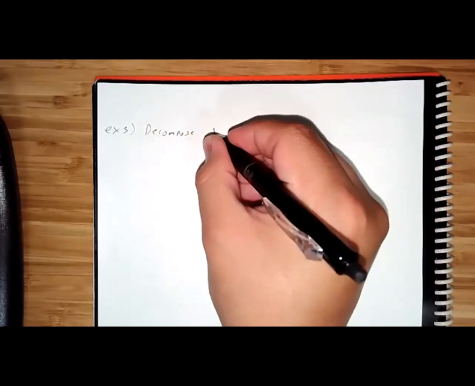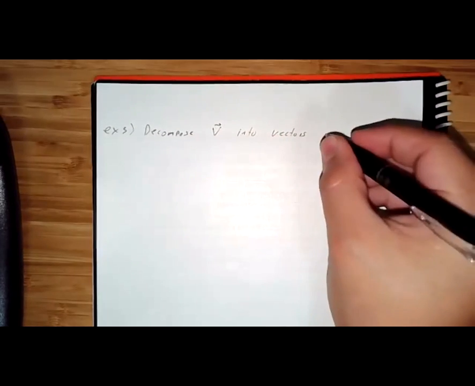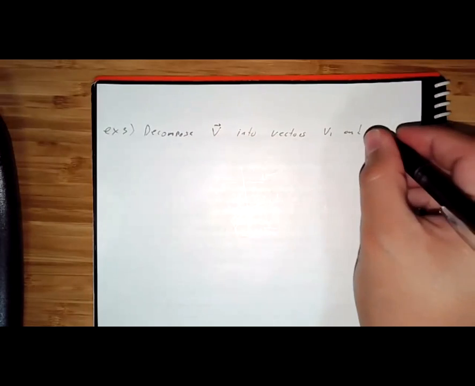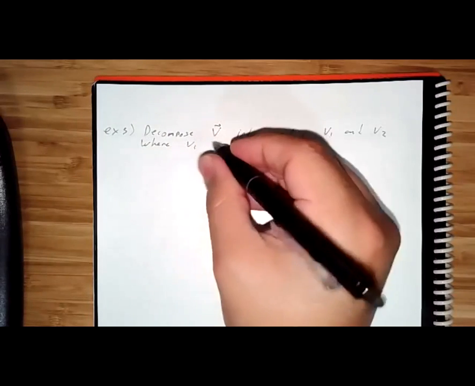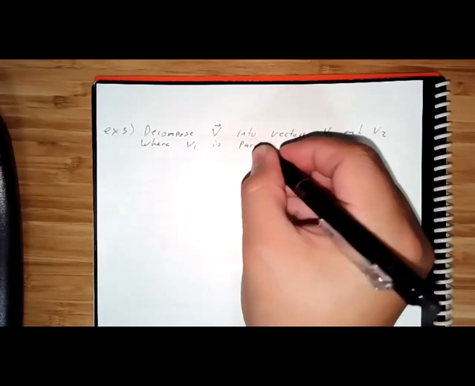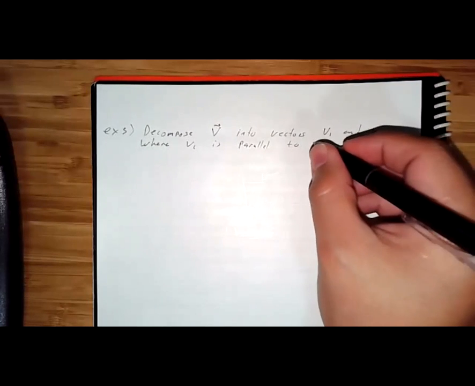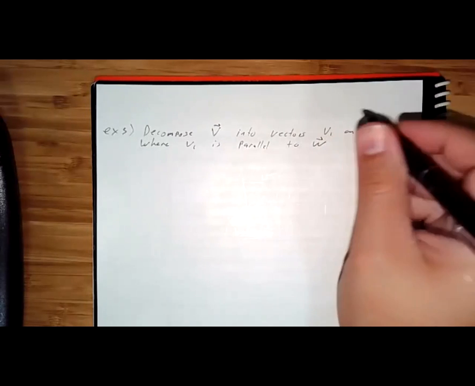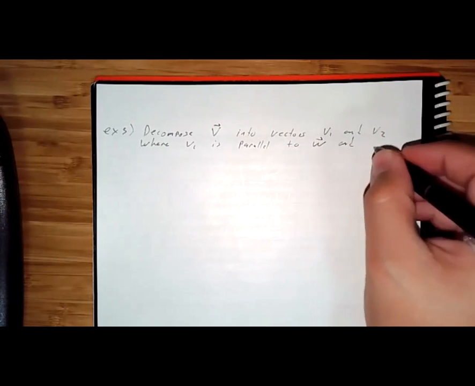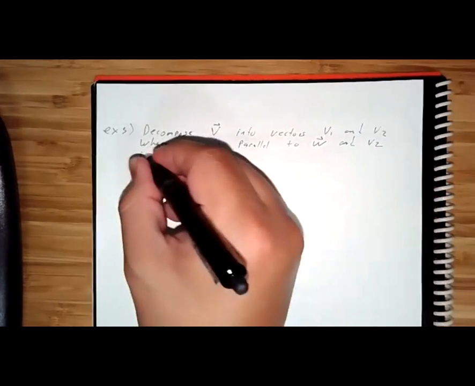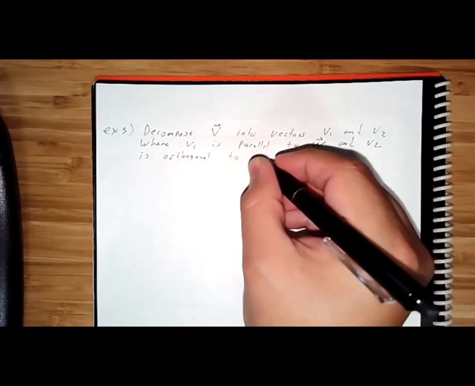Decompose V into vectors V1 and V2, where V1 is parallel to W, and V2 is orthogonal to W.